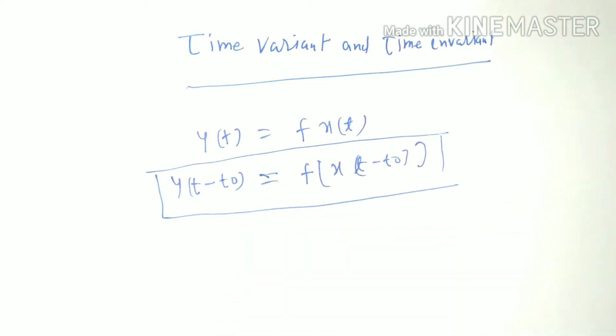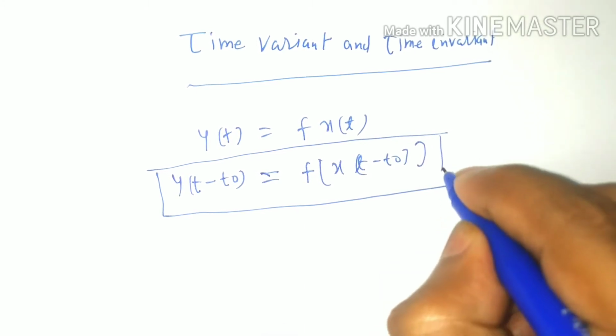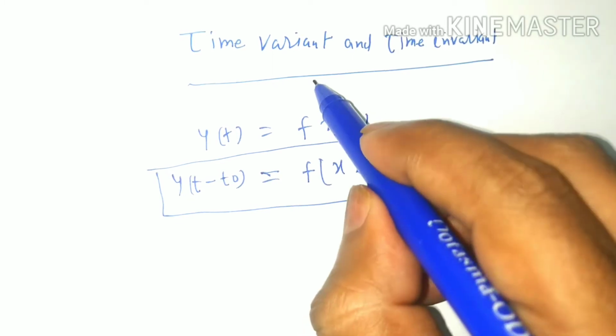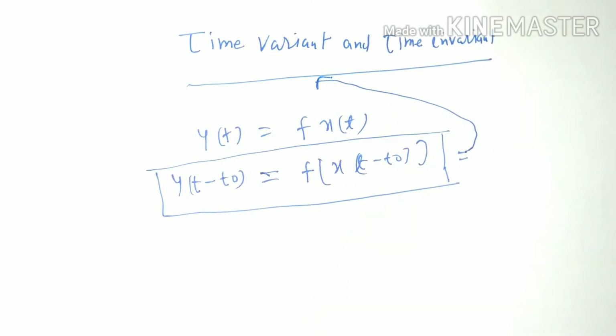If this is not equal, then it is called a time variant system.